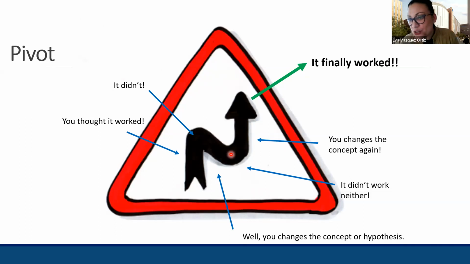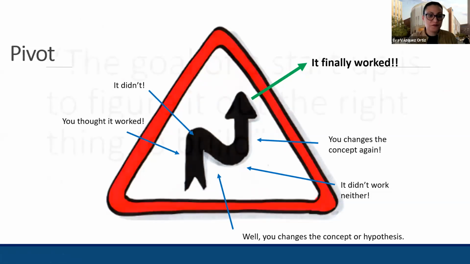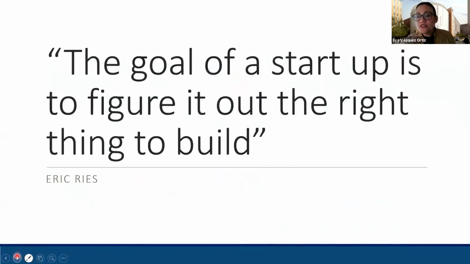They don't care, they don't need them. You do that until you finally have the right formula to delight your customers. The goal of a startup is to figure out the right thing to build. Focus on that.